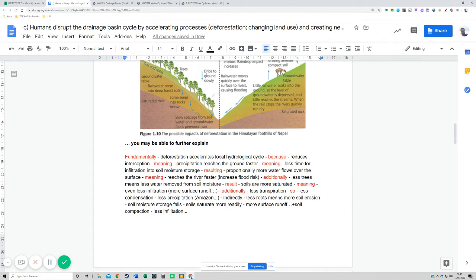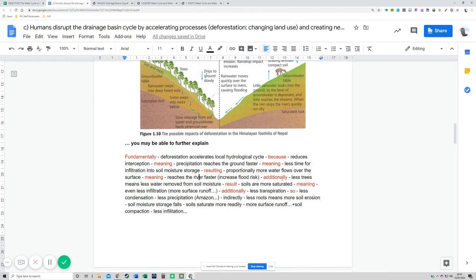So if it has to sink in and then flow through the soil, it's slower, it gets to the river more slowly. So that means the river gets a lot of the rainwater all at once and it increases flood risk. So the lack of interception has knock-on effects, and it increases surface runoff, which then increases flood risk, and the rivers become more erratic. You get higher peaks and troughs in the river level.